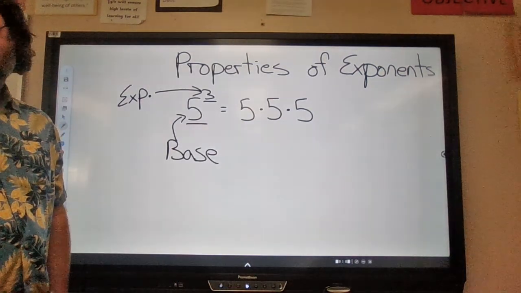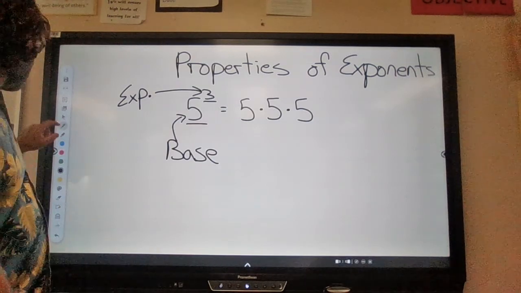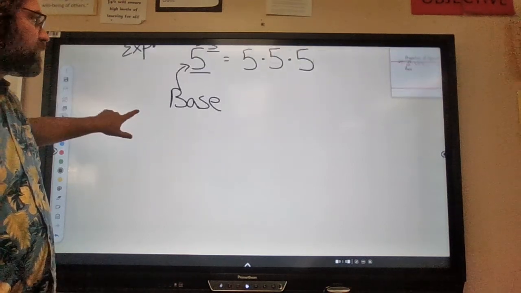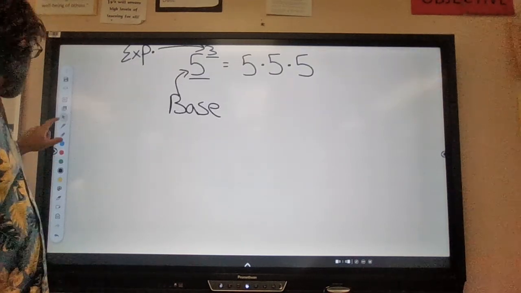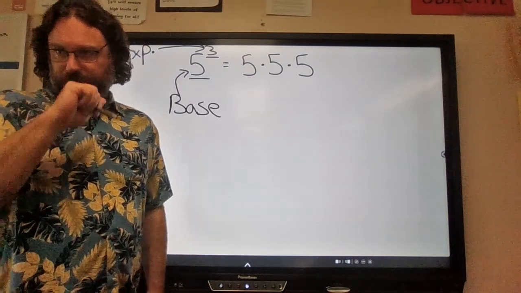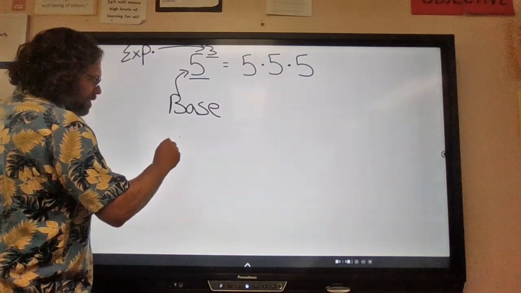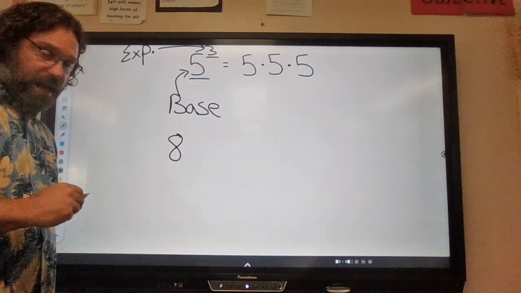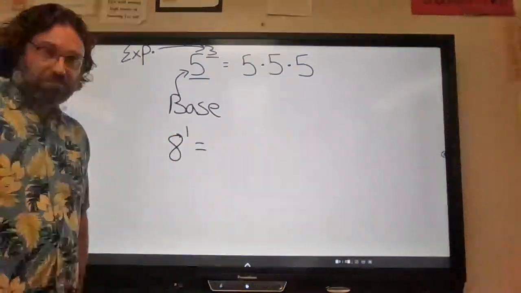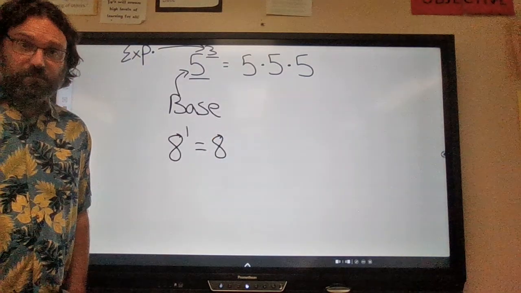Okay? Now, we've got a couple of exceptions that we're going to look at. Let me just give us a smidge more room here. I'm going to leave that there so that we have it. Now, for example, if I take the 8 to the first power, well, it's going to be 8.